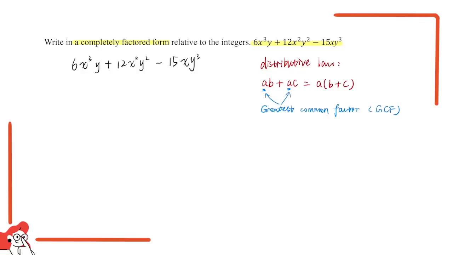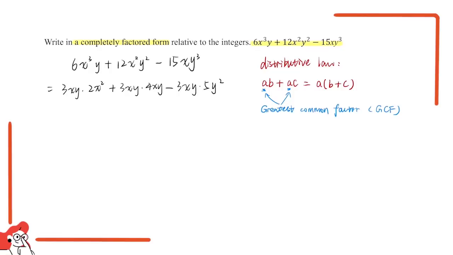So now let's get back to the original question. So here, firstly, let's rewrite the polynomial as 3xy times 2x squared plus 3xy times 4xy, and then minus 3xy times 5y squared.